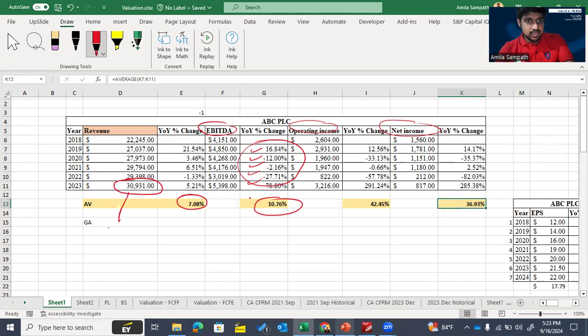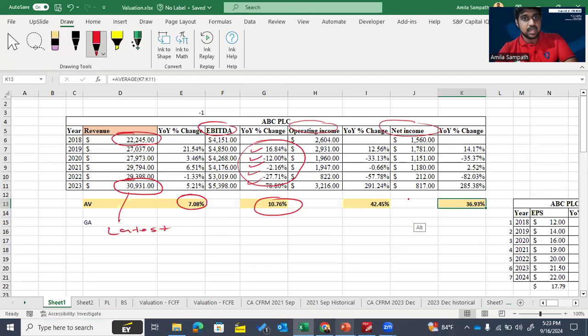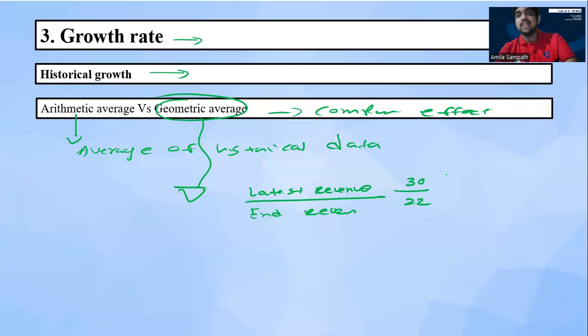Then what is the last one? Based on the given details, the last one is 22. Simply, this 30 divided by 22, and we need to raise it to the power of 1 divided by the number of years.